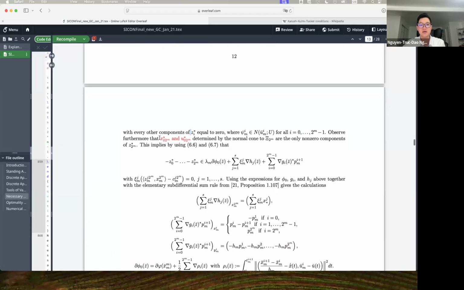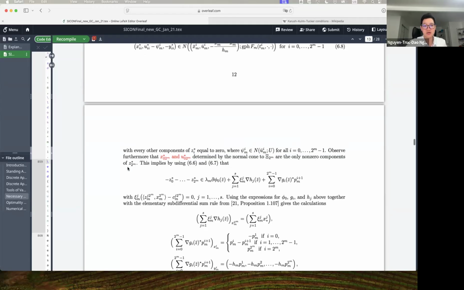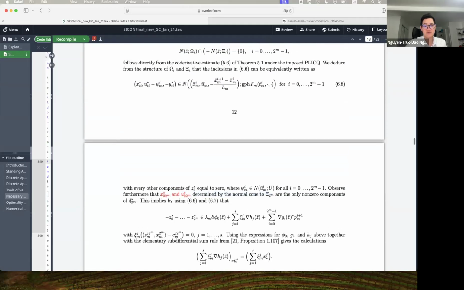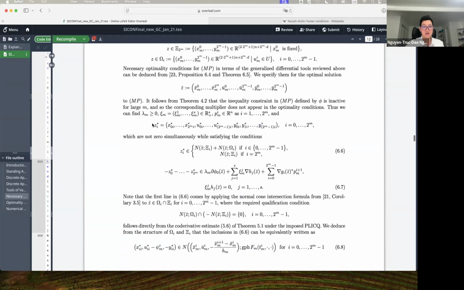Observe furthermore that this number and this number determined by the normal cone zeta 2m are the only non-zero components of this one. So when you write down z star 2m, you can go back to z star i here and replace i by 2m. Then we just have one element, x star 2m, which is a vector in Rn.